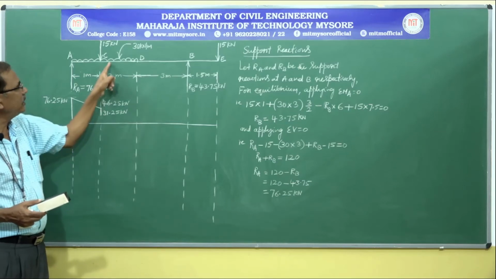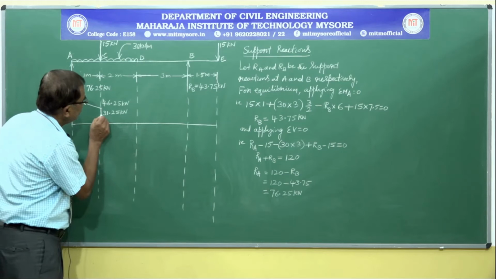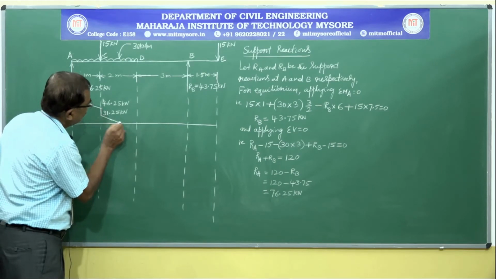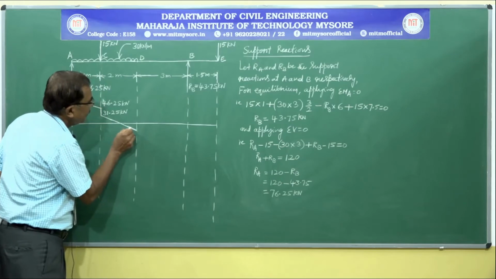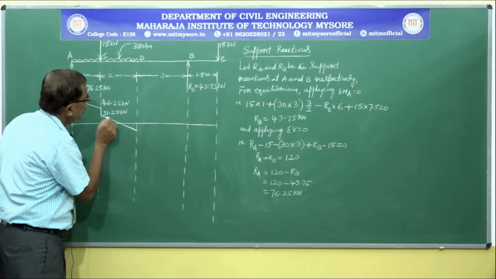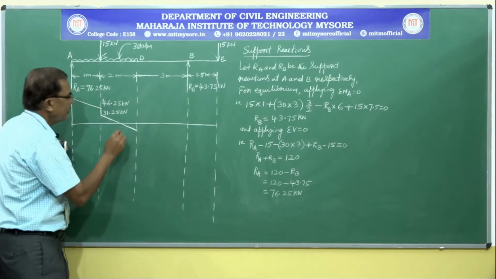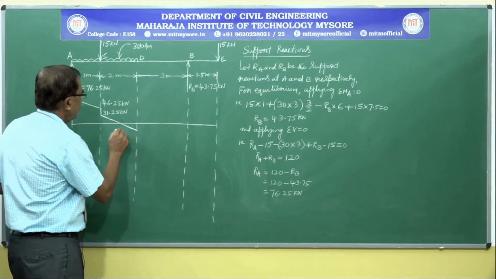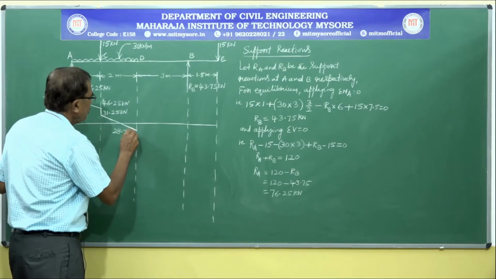If we come down linearly by 60 kilonewton, it will cross the reference line at an unknown point. So 31.25 minus 60, it is minus 28.75 kilonewton.